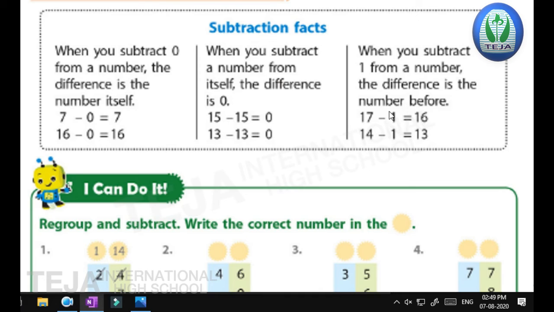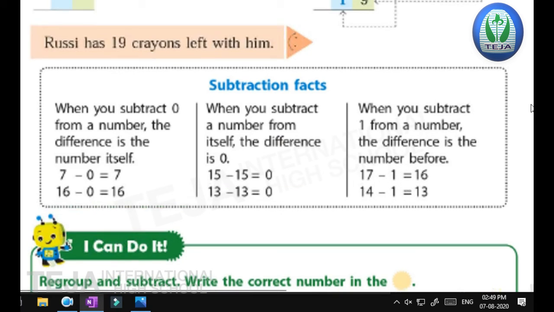In addition, if we add 1 to any number, then the answer is the after number of that number, that is the successor of the number. Whereas here, if 1 is subtracted from any number, then the answer is the predecessor. Look here, children, 17 minus 1 is equal to 16. 14 minus 1, 13. Okay.